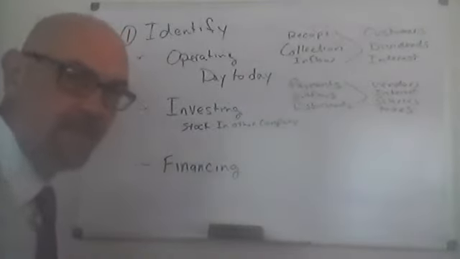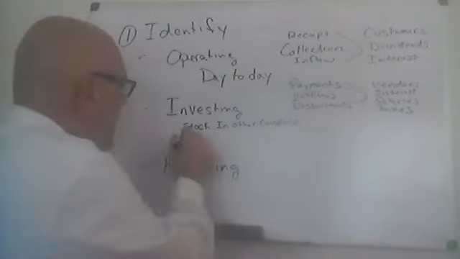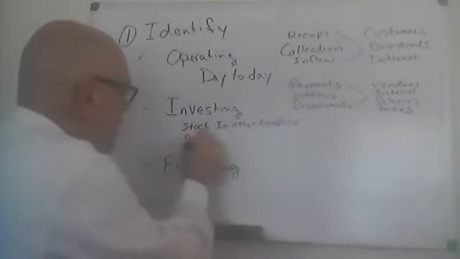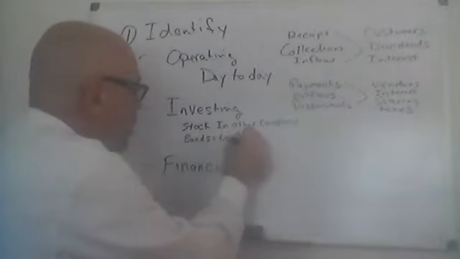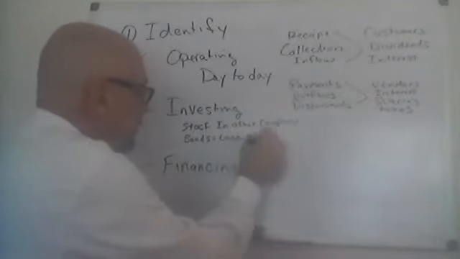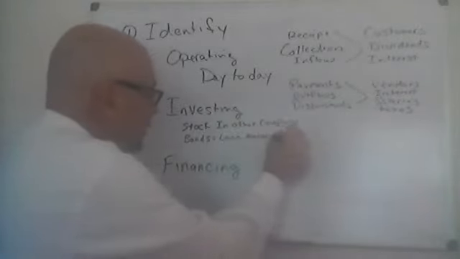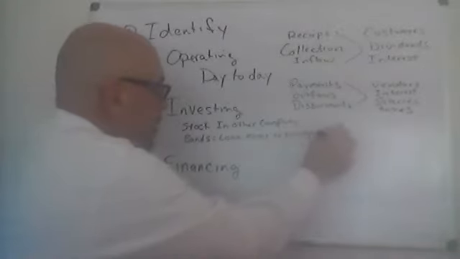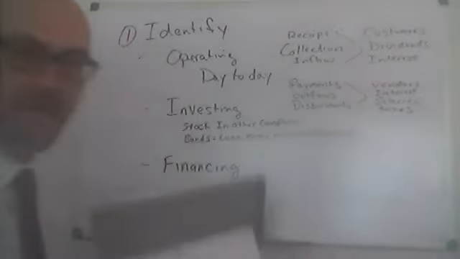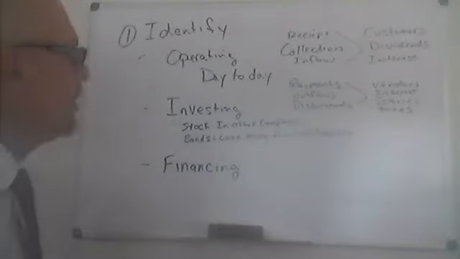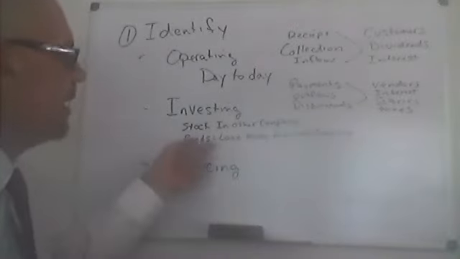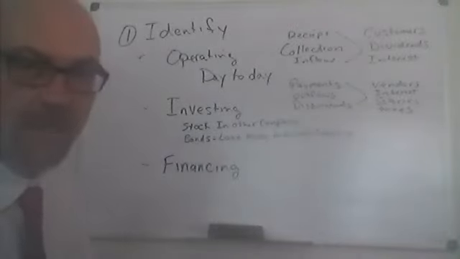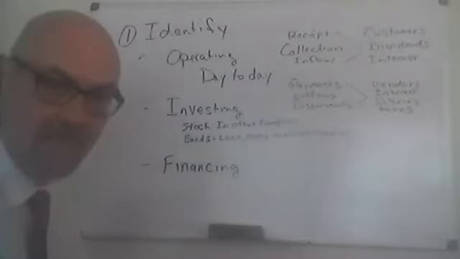The way this book puts it, and the way I want you to think about it, bonds are debt. So if we loan money to another company, that is what you're doing when you buy bonds. Bonds are a form of debt. You are loaning money. So you invest in bonds, or you loan money to another company. That is an investing activity.